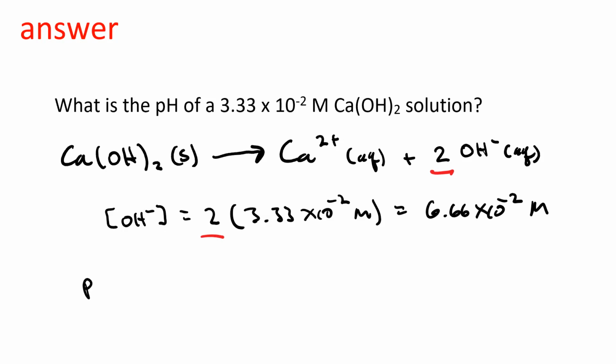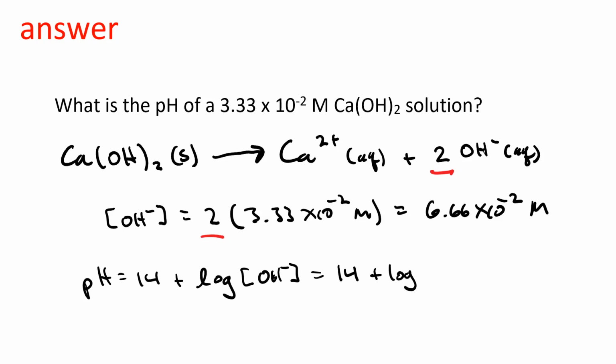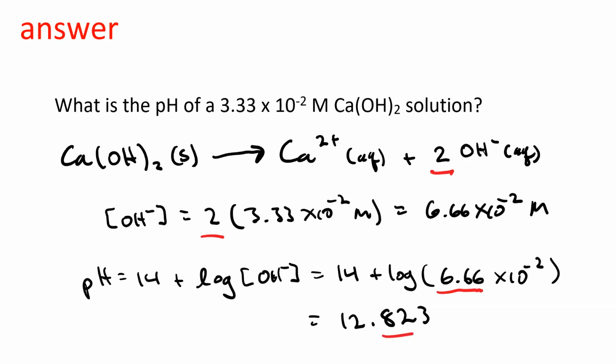We then plug into our pH equation: 14 plus the base 10 logarithm of the hydroxide ion concentration, so 14 plus the logarithm of 6.66 times 10 to the negative 2. And I get 12.823. 3 digits, 3 digits.